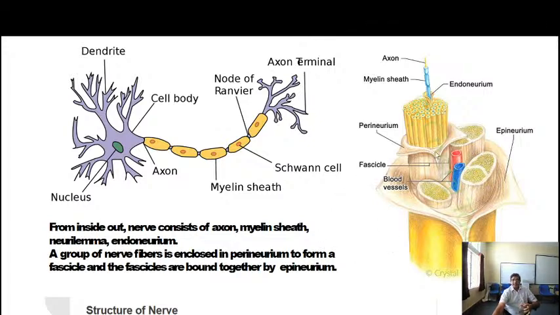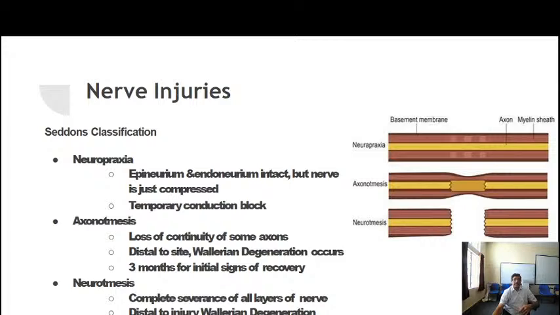So this is the basic unit of the nerve cell and the various components. So the endoneurium, the perineurium, and the epineurium. Then with this small background, we will go into the various injuries that the nerve suffers and how we classify these.